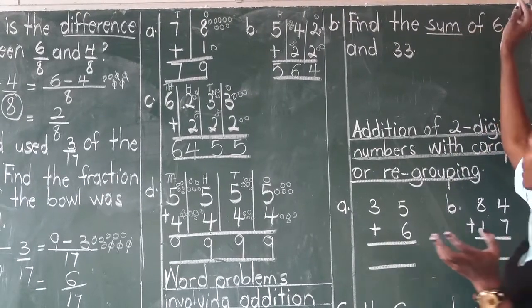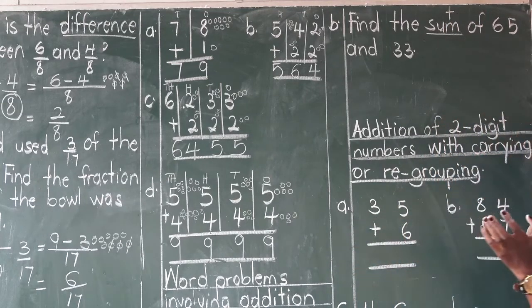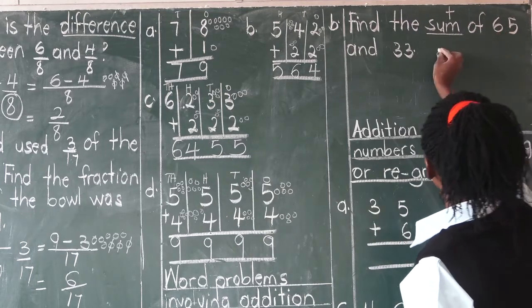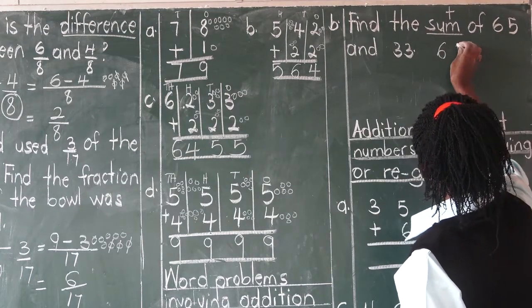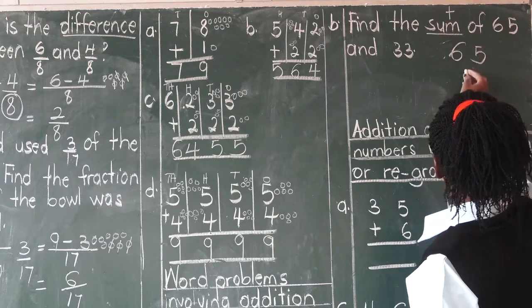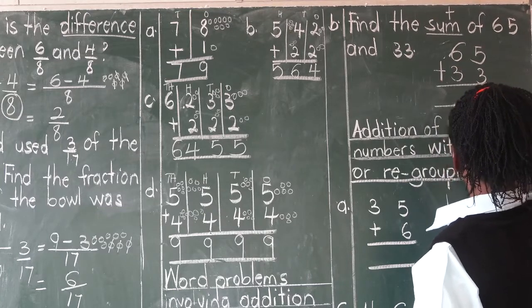And what does it mean? You are free to put even that symbol up to show that you know its meaning. Now here we are going to get 65, because we want to find the sum. 65 plus 33.